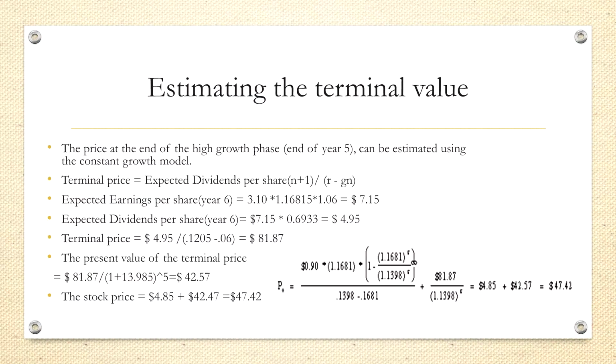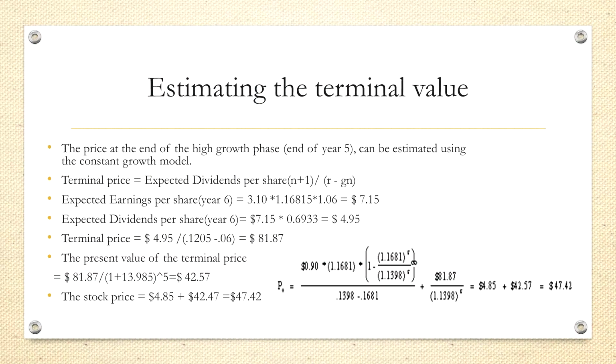And for the terminal time period, we estimated that the cost of equity is around 12% and the growth rate around 6%. And you look at expected earnings in year 6 as well as expected dividend, which is about $4.95.